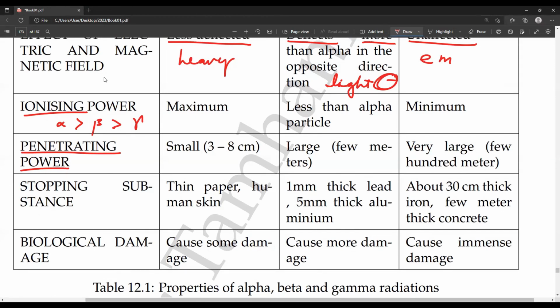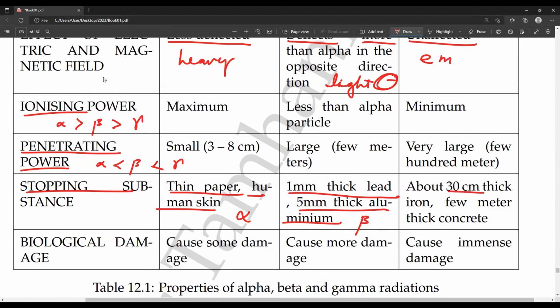Now, penetrating power. Alpha can penetrate in air very less. Beta can travel a few meters, but gamma can travel a few hundred meters. So again, penetrating power is this way. To stop it, human skin or paper can stop alpha. 1 millimeter of lead or 5 millimeters of aluminium can stop beta.